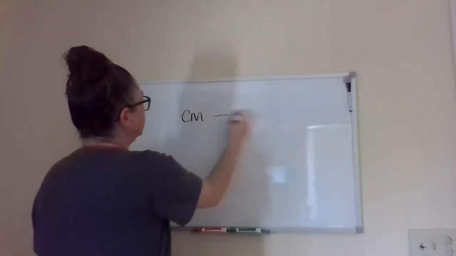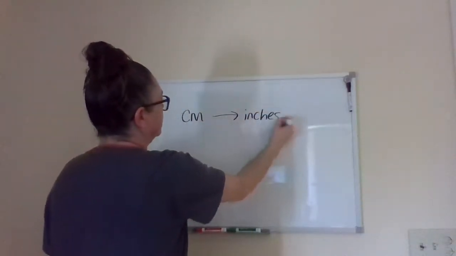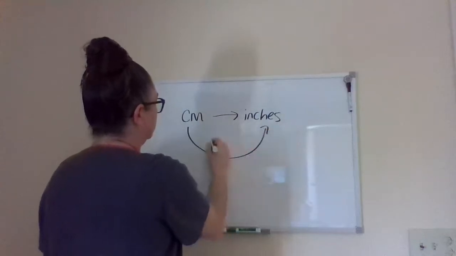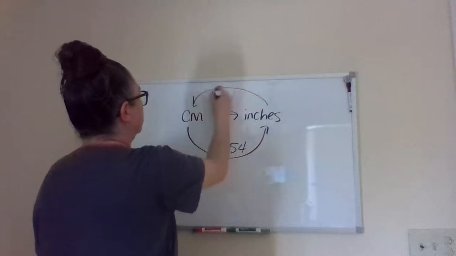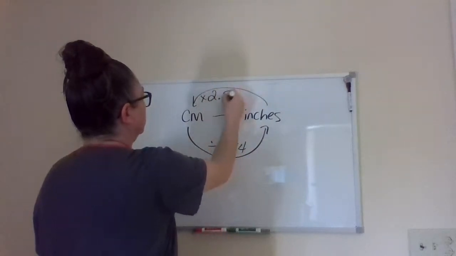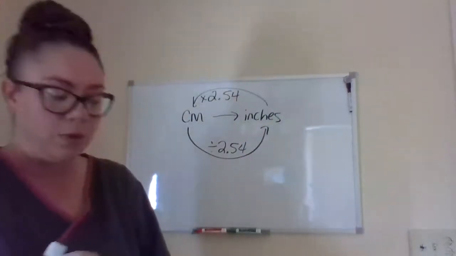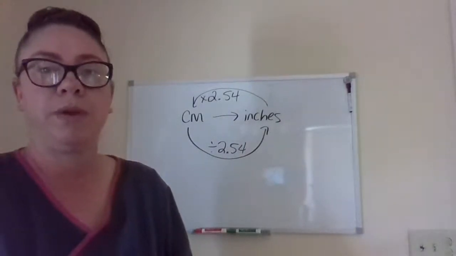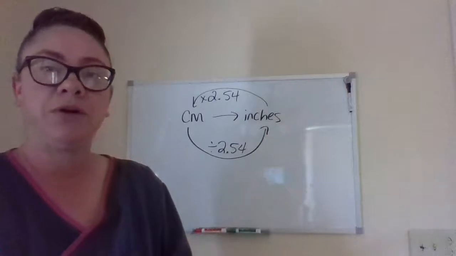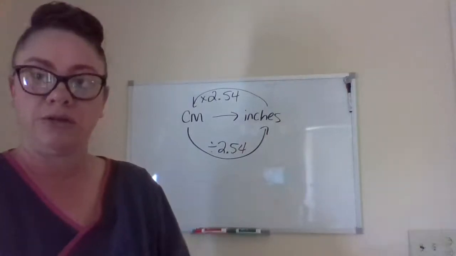The next example is moving from centimeters to inches, and we're going to be either multiplying or dividing by 2.54. The important thing to remember here is that the centimeter number will always be larger than the inches.